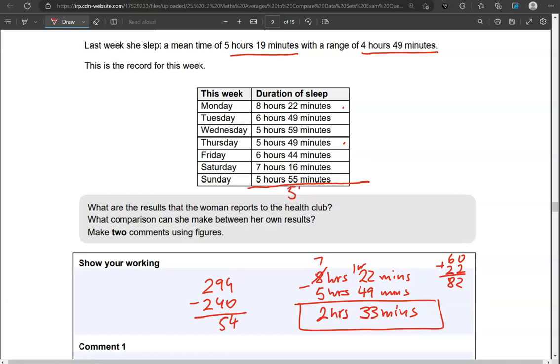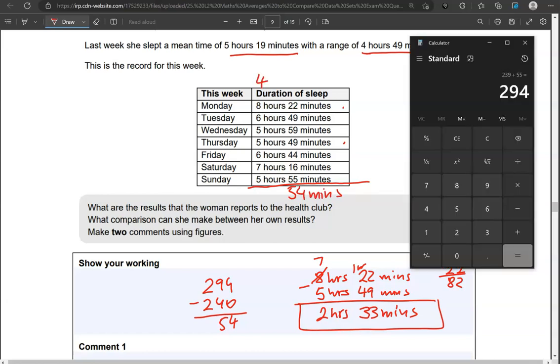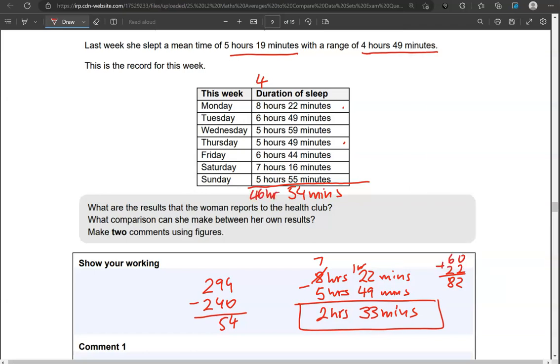So I'll write 54 minutes here and I'll carry over the 4 hours. So 4, add 8, add 6, add 5, add 5, add 6, add 7, add 5. Gives us 46 hours and 54 minutes. So 46 hours.